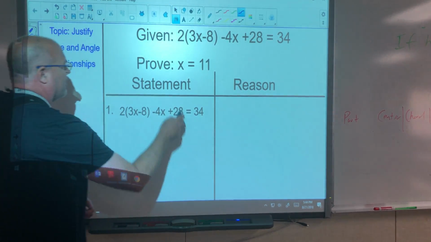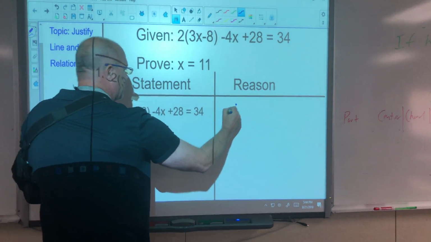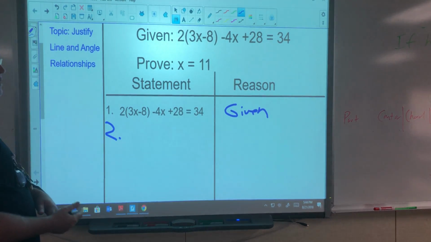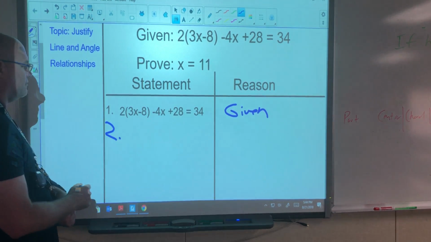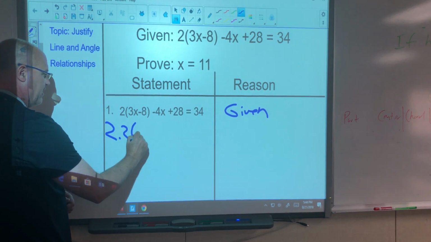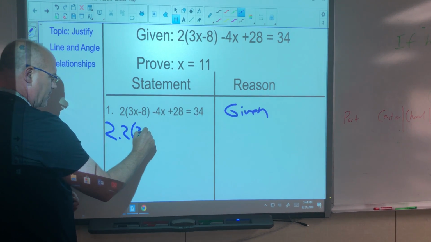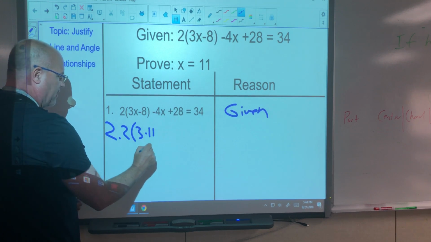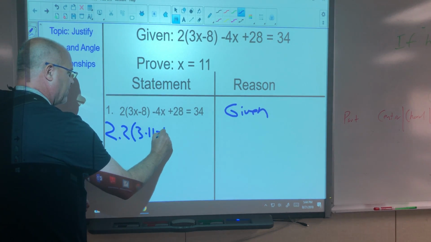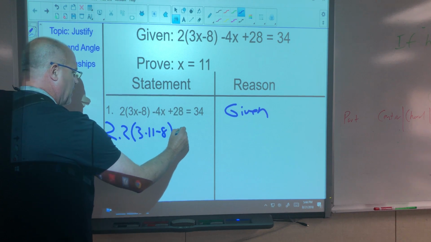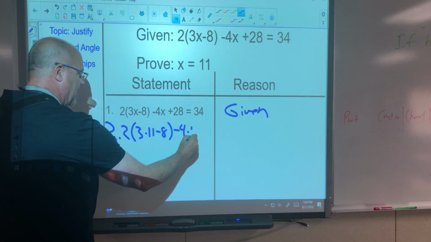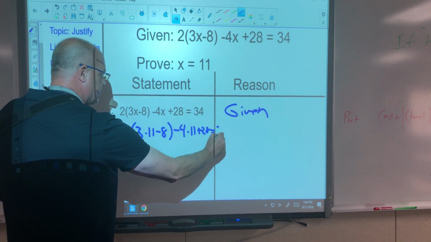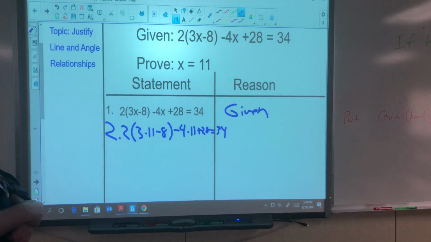We're going to take x equals 11. Again, this starts off with given. And we're going to substitute 11 for the x. So I'm going to go 2 parentheses, 3 times 11 minus 8 minus 4 times 11 plus 28 equals 34.